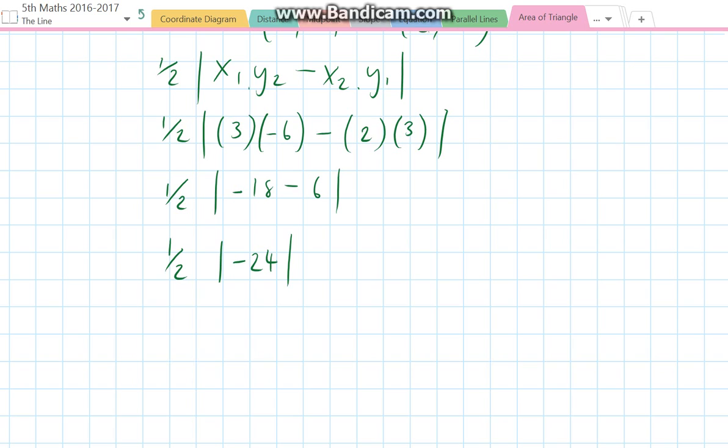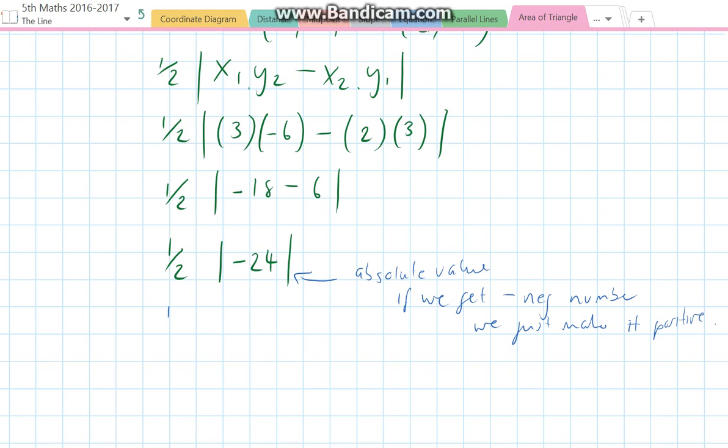As I said, the brackets here are called absolute value, and it means if we get a negative number, we just make it positive.